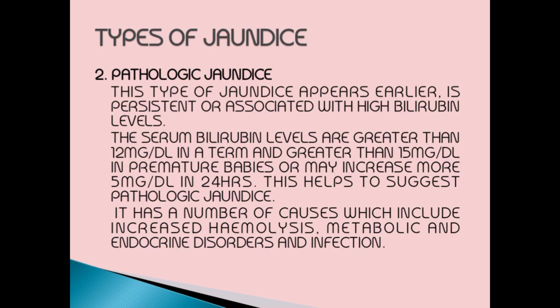So now, away from that, we are also going to say it may increase by more than 5 milligrams per deciliter in 24 hours. And this is what helps to suggest that this is pathological jaundice.